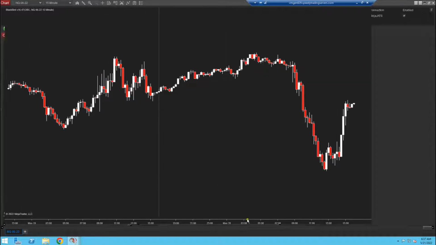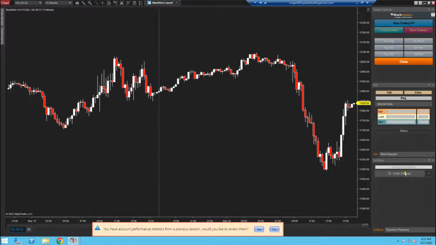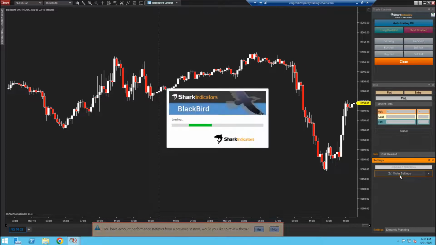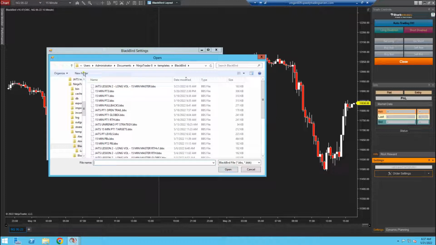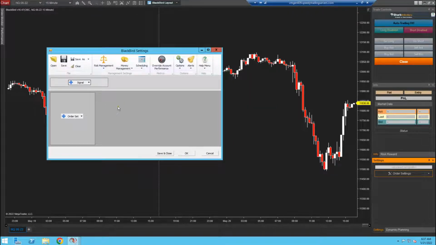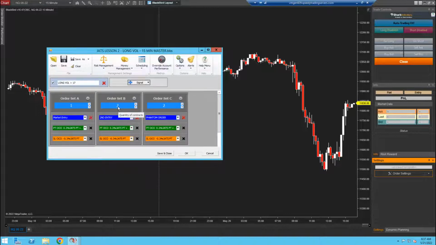From the order settings button at the bottom middle, you can open your JATS lesson 2, and this again is just using range expansion with a couple of our settings that we've put in here for direction, to travel with that range expansion with momentum and BB-MOM and a linear regression.